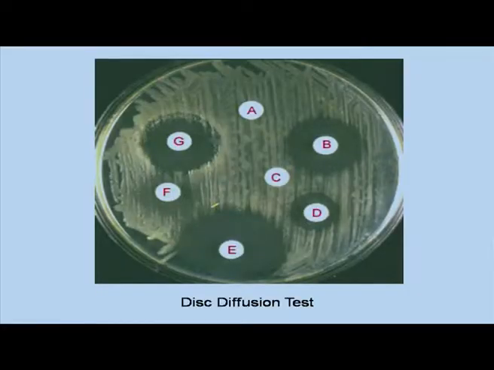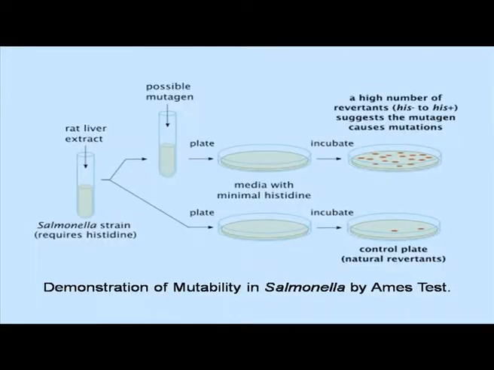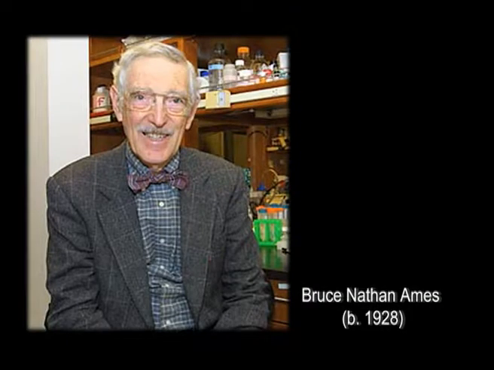A typical disk diffusion test indicates which particular bacteria is being stopped by an antibiotic, and this was devised by Kirby and Bauer, and even now we follow this disk diffusion test as the Kirby-Bauer test. Now there is another important discovery, which we call the Ames test because it was discovered by Bruce Ames in 1966.